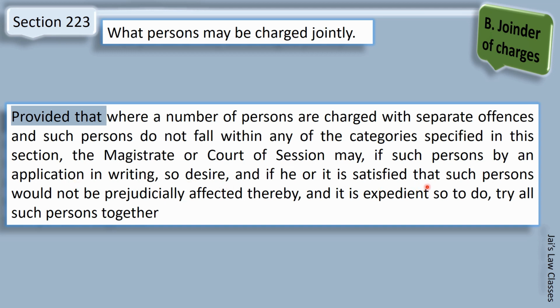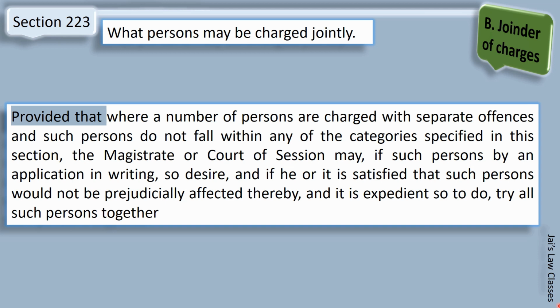If they are satisfied that such persons would not be prejudicially affected thereby, and it is expedient so to do, try all such persons together. It's clearly informing us that sometimes some of the persons are charged differently, which does not fall in this category, means in this section 223.